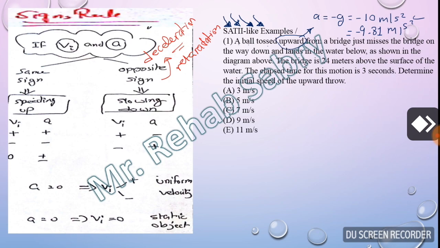Let's continue reading: from a bridge, it just misses the bridge on the way down and lands on water below. So here, this is the bridge.